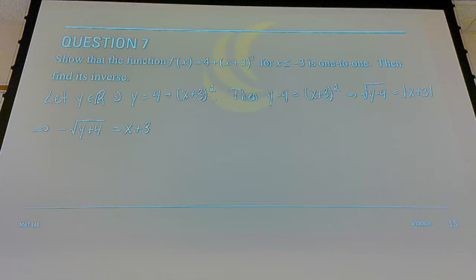So that means that negative square root of y plus 4 has to be x plus 3. So there's x.